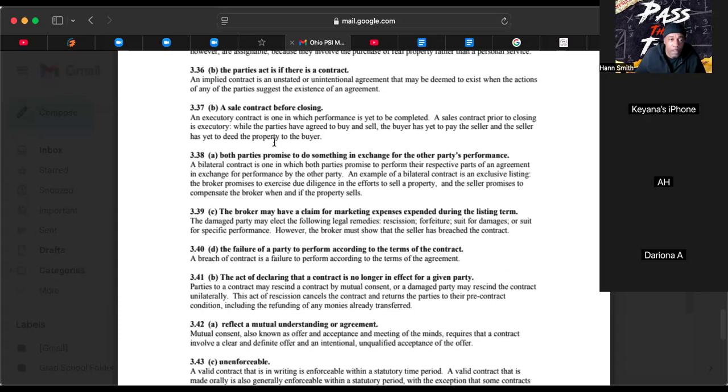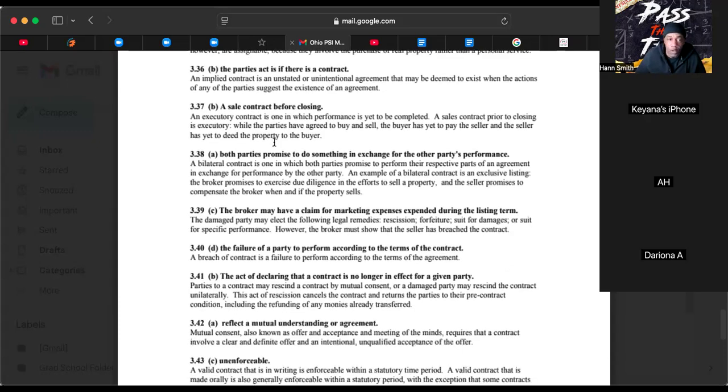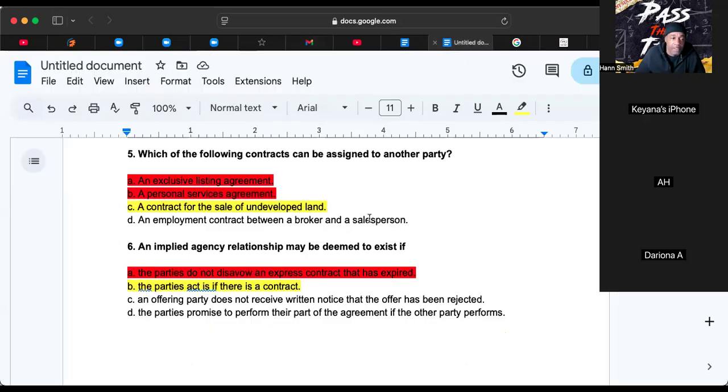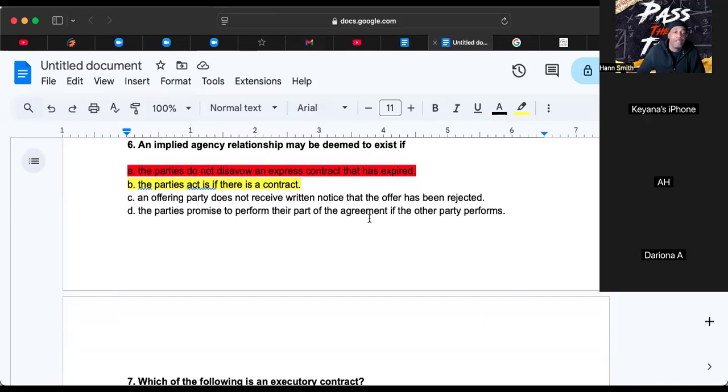All right. Now, this is a definition question. This is that implied question. I'm sorry, this is question 6. The parties acted as if there was a contract. So the question that we were asked in 6 says an implied agency relationship may be deemed to exist if B, the parties act as if there was a contract.